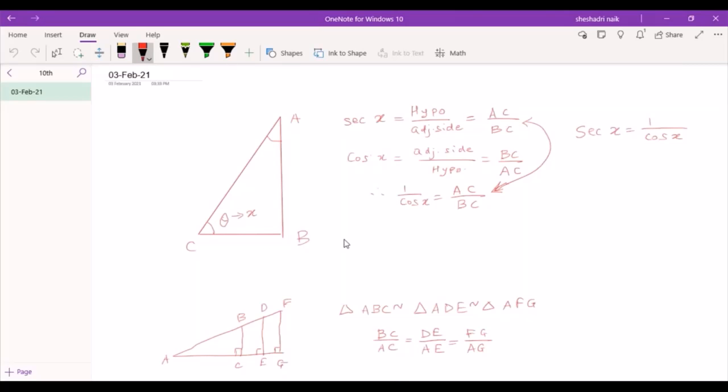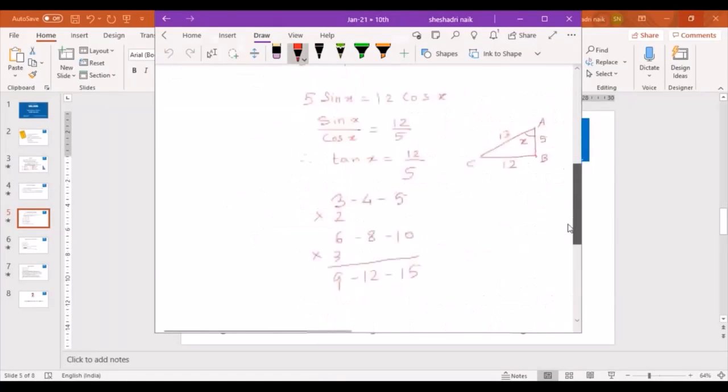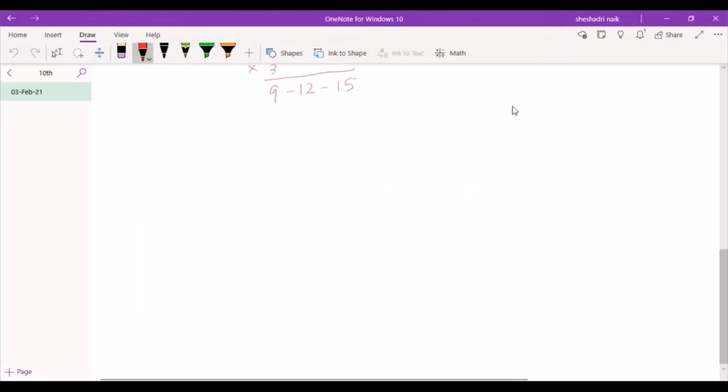So let's say, let me draw this again, not cluttered. This is A, this is B, and this is C. Let's say this particular angle is theta, and B is 90 degrees.